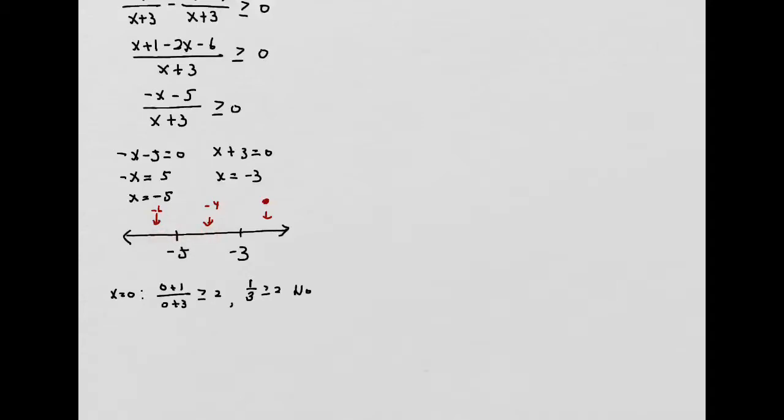So just trying one area, and we only have one of each solution, I know only the middle area works. If you don't believe me, you can try negative 4, and you can try x equals negative 6, and you will know that negative 4 works, and negative 6 does not work.